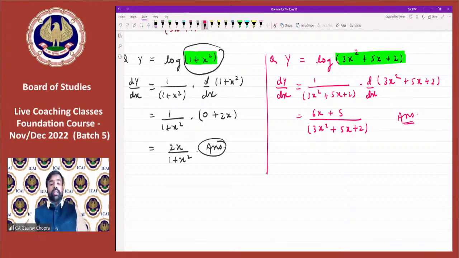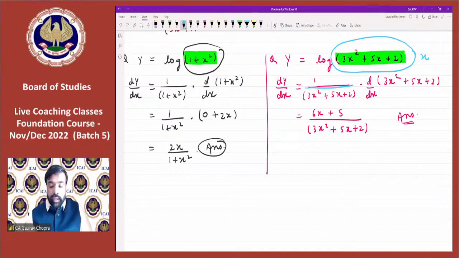So let me repeat once again. Whenever we are having one function, y is equal to log, and then a bigger value is written, treat that bigger value as simply x. So this complete value that is written, this whole thing will be treated as x. So now log x, derivative of log x is 1 upon x.